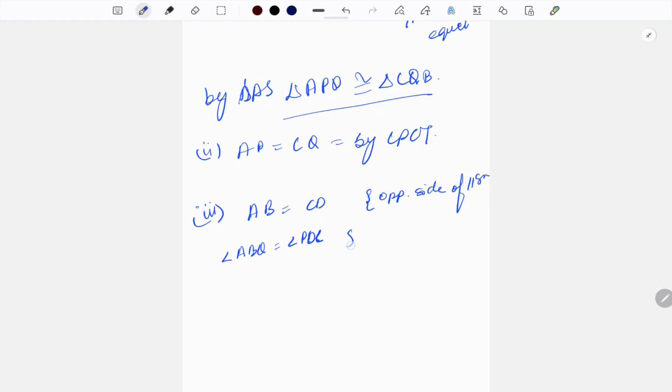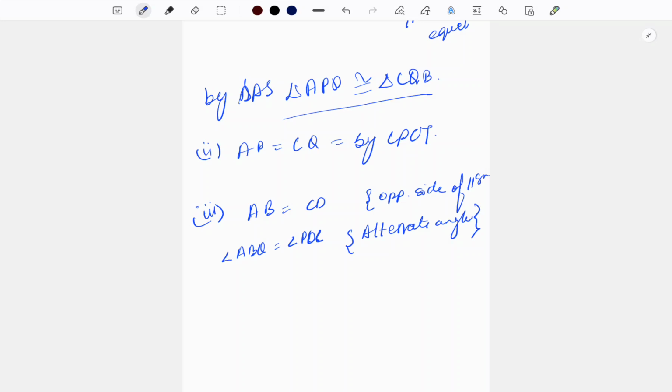Why? Alternate angle. I will just write alternate angle. You have to understand that it is the alternate angle on the transverse of parallel sides AB and CD. But in an exam, if it is a 5-mark question or 10-mark question, you have to elaborate it for the examiner.